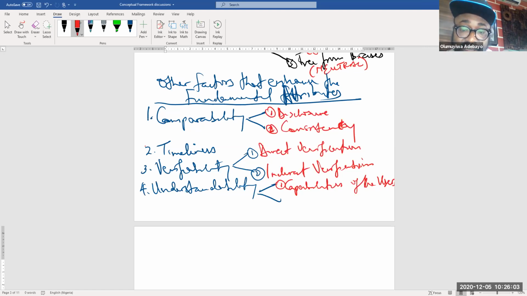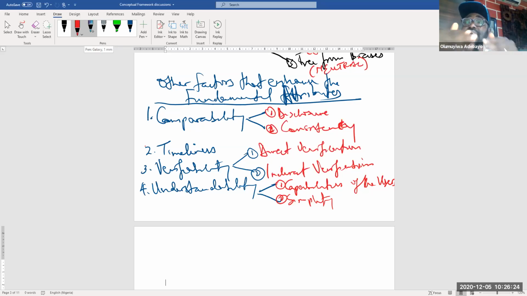And secondly, you must simplify the information contained therein, which means when you are presenting financial information, such information must not be full of jargons. Jargons means full of a lot of terminologies.